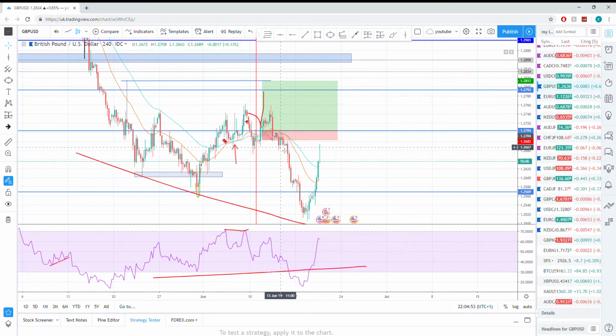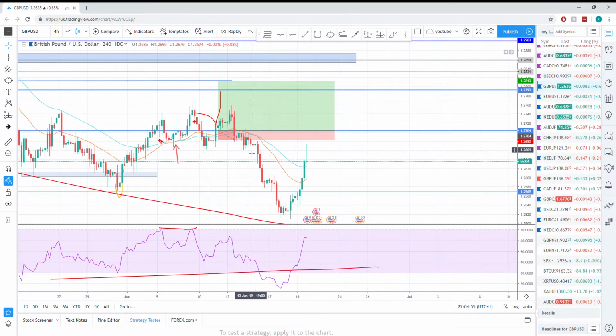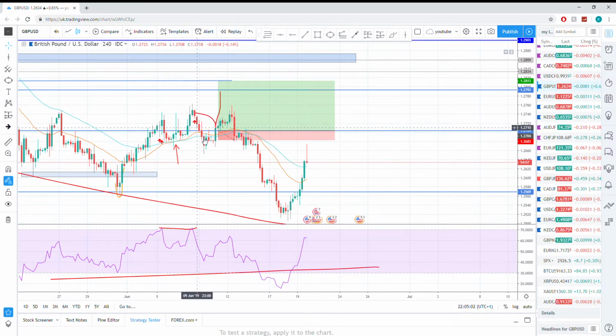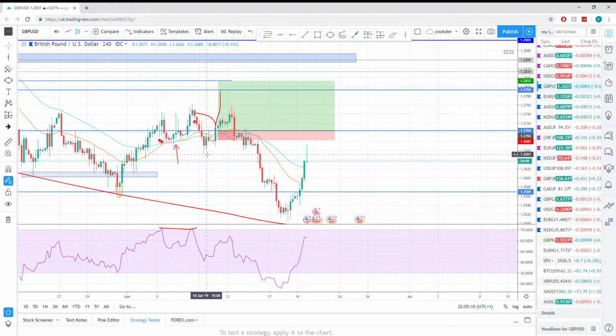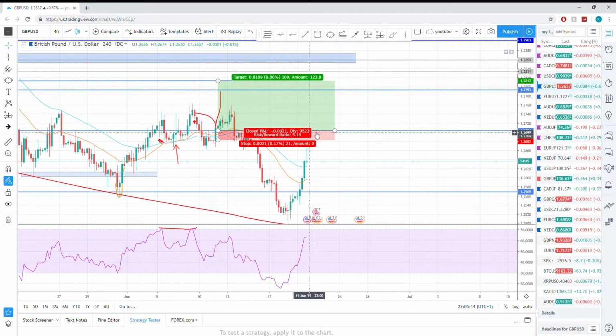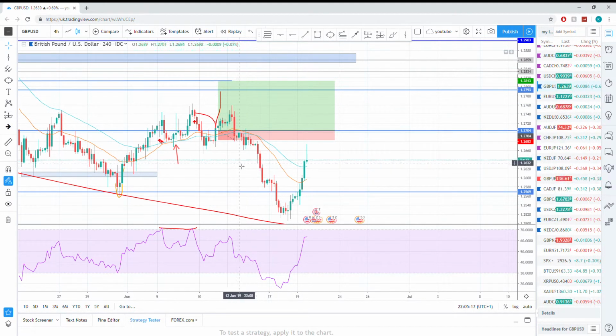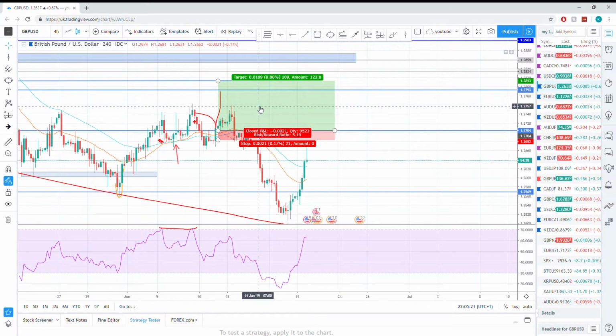However, we didn't get the entry that we were looking for, because of how price performed on the 4-hourly EMA switching over and the RSI divergence as well. What I was anticipating was a test on the 1.2704 and then confirmation to send us up. However, we didn't get that.